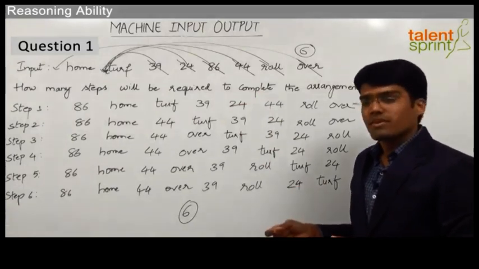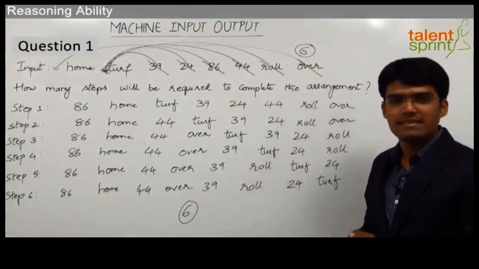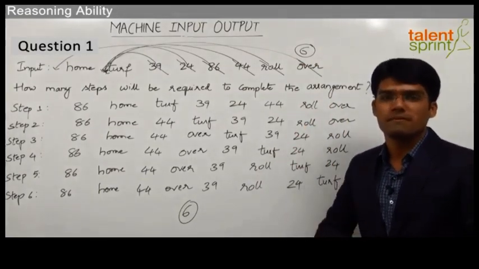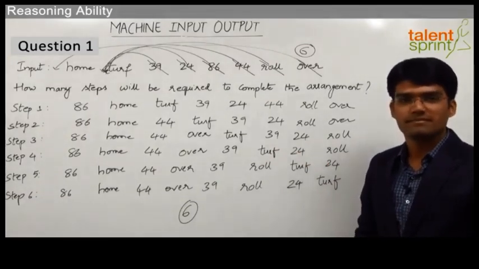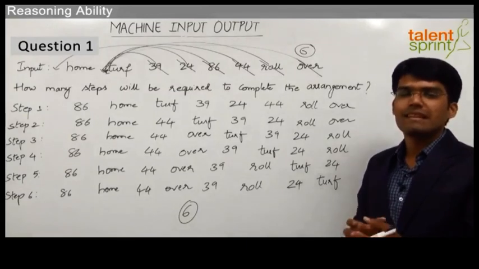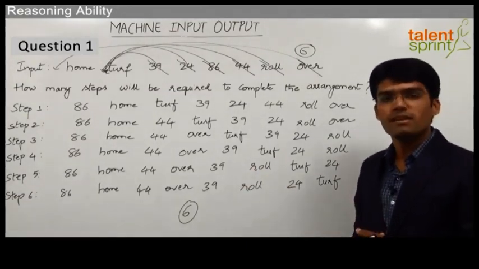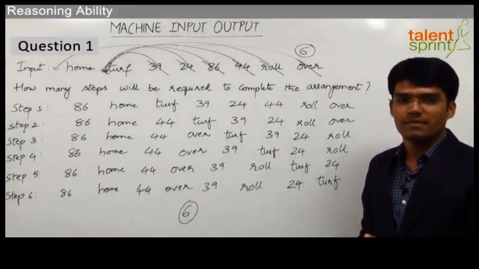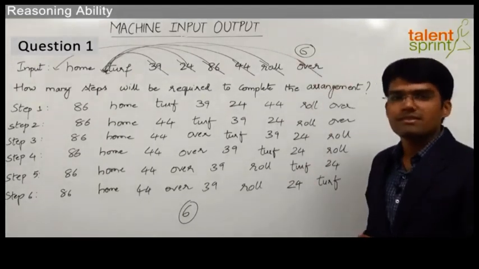To solve such questions, we again need to find out the total number of steps, that is 6 as in this case, and then I can say that the last but one step would be the 5th step. So our answer in that case would be step 5. So basically there are two types of questions: how many steps will be required to complete the rearrangement, or which of the following steps will be the last but one step. So always find out the total number of steps and get the answer.